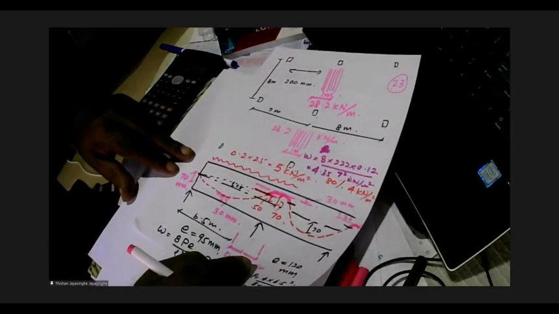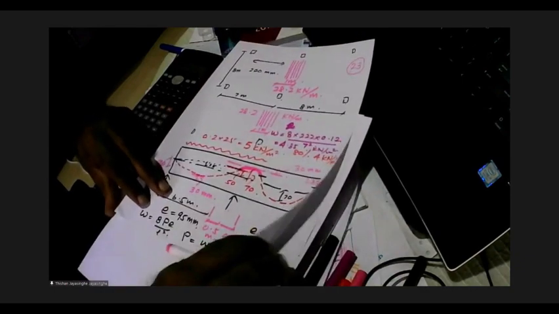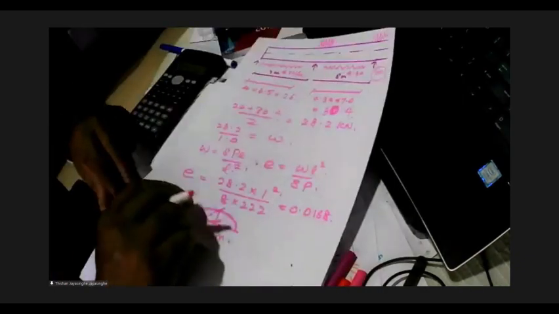So now we are balancing about 80% of the load. Now we have to see what will happen when the live load sets.